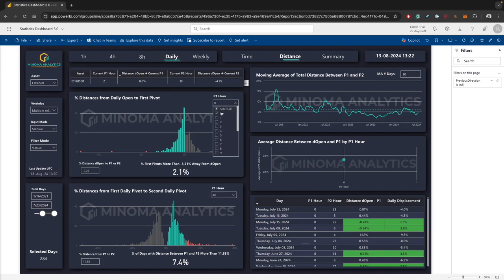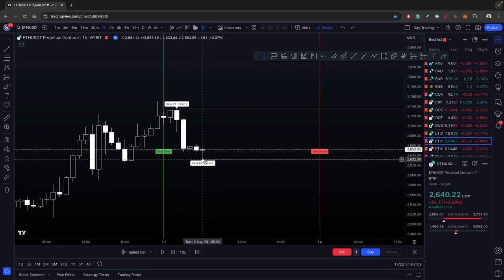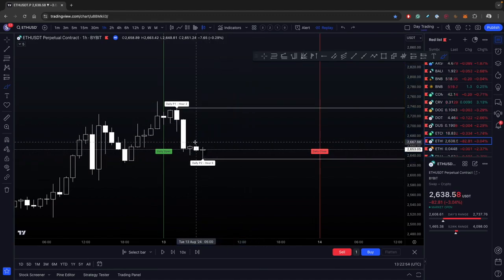So we want to filter that out, because we know at this point P2 is at hour 6. So we don't need to look at the distance between daily open and P1 when P1 is being put in at hour 0. We already know that if the P1 P2 flip were to happen in this case, that would mean that P2 would be put in at hour 6, because we'd have the P1 P2 flip.